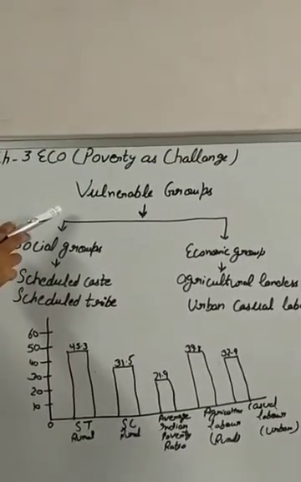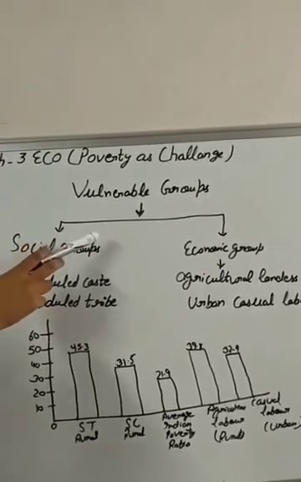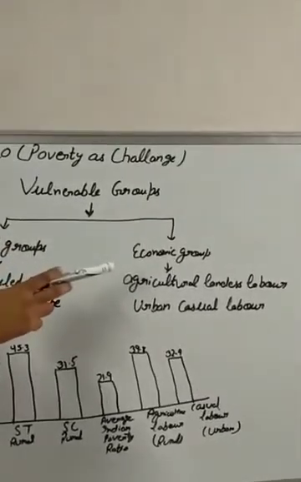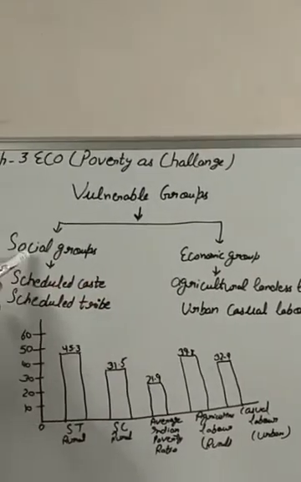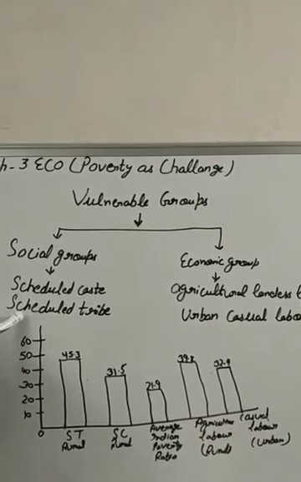The proportion of people below the poverty line is also not the same for all social groups and economic categories in India. Social groups which are most vulnerable to poverty are the scheduled castes and the scheduled tribes.